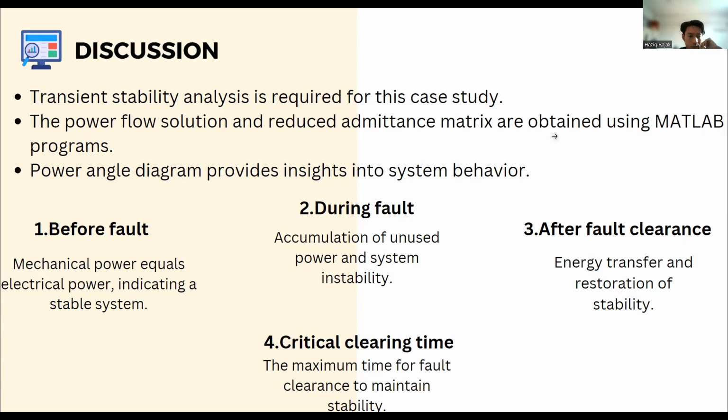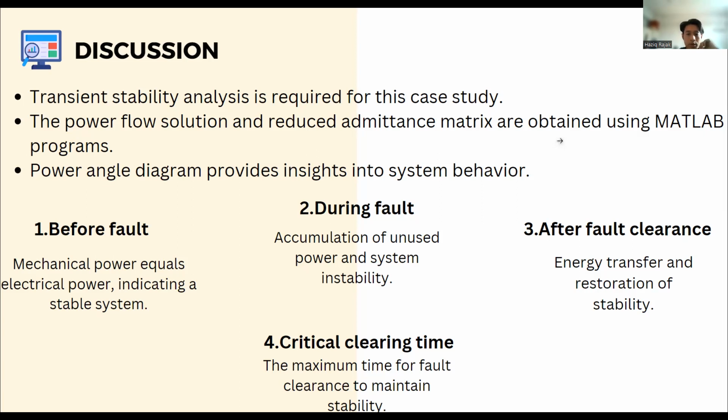So the power angle diagram provides insight into system behavior, just like Kim-Fei has shown before. The phase angle difference represents the system response to the fault clearance and its impact on machine behavior. So the first one, before fault, mechanical power equals electrical power, indicating a stable system.